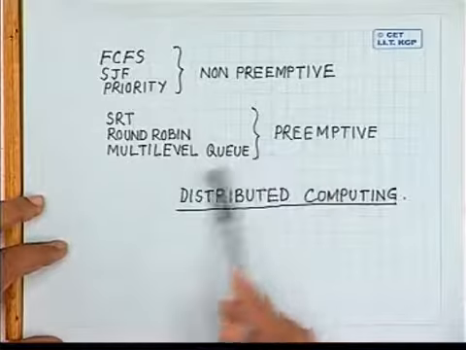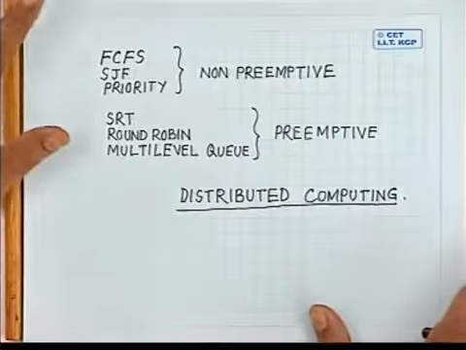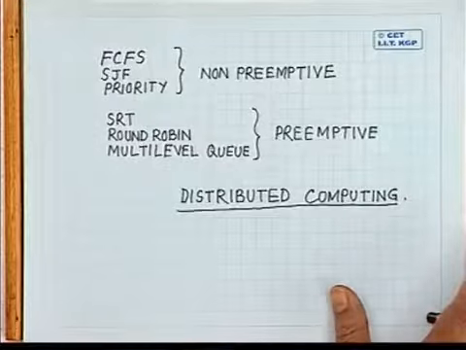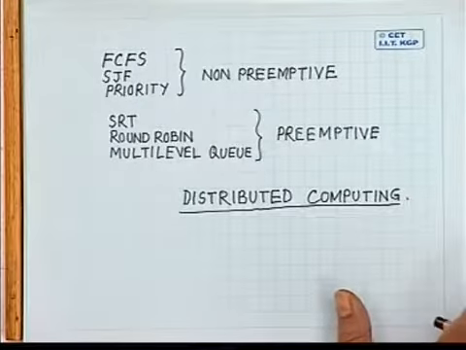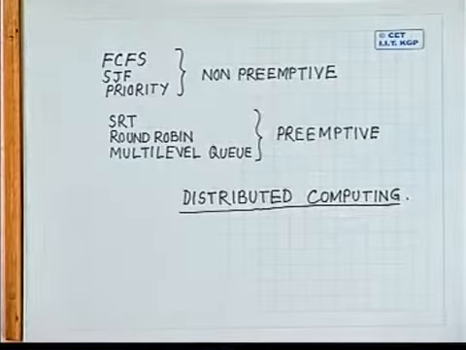In the distributed computing environment, I have a number of computers connected over the network, and a number of jobs which are to be executed in that distributed environment. So my decision has to be which of the jobs is to be allocated to which of the computers. For that, different considerations are to be made.